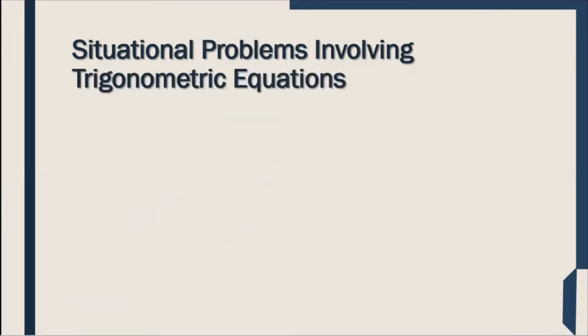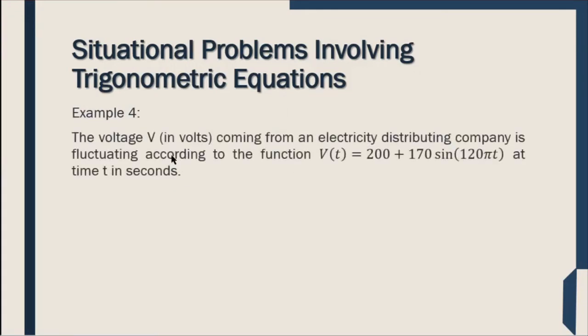Next, okay, so pwede tayong magkaroon din ng situational problems involving trigonometric equations. Example number 4. The voltage V in volts coming from an electricity distributing company is fluctuating according to the function V of t equals 200 plus 170 sine of 120 pi t at time t in seconds.